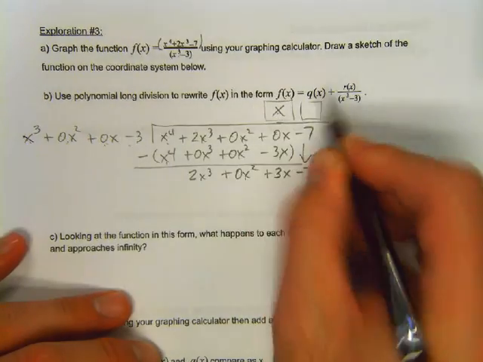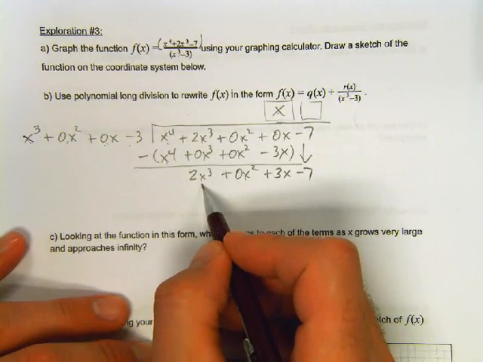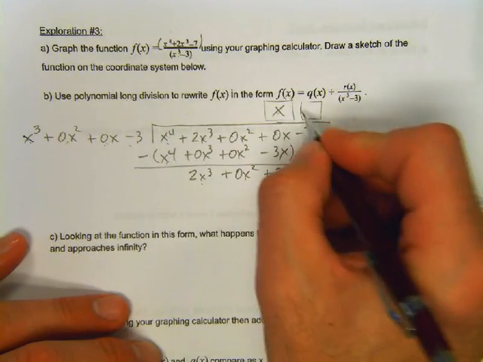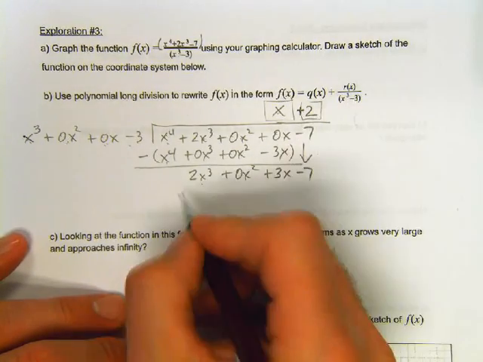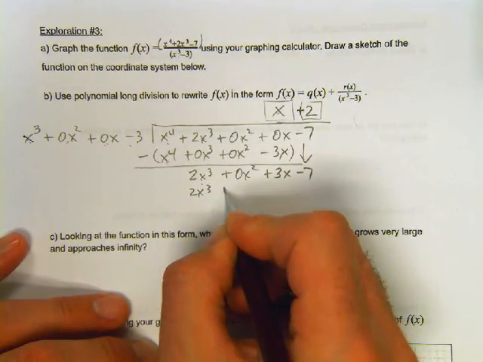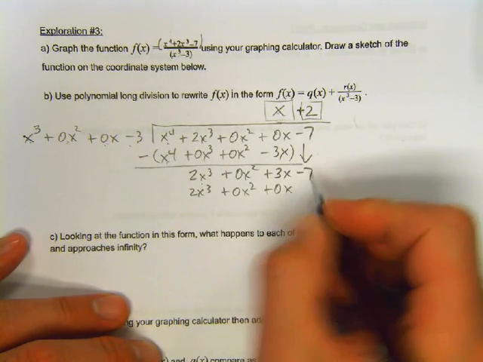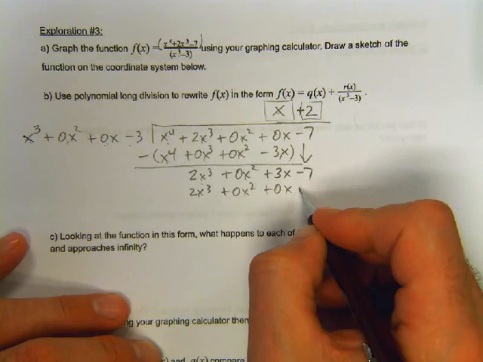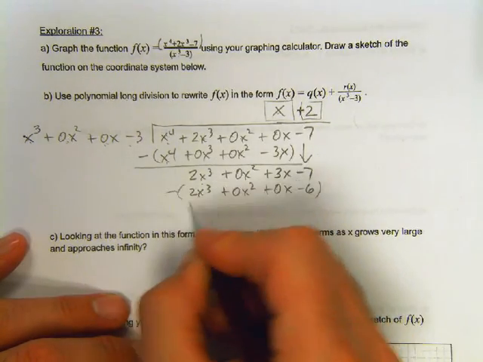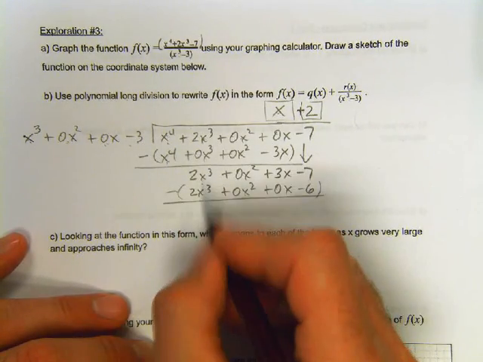All right, next. What times x cubed is equal to 2x cubed? Yeah, positive 2. So 2x cubed plus 0x squared plus 0x minus 6.